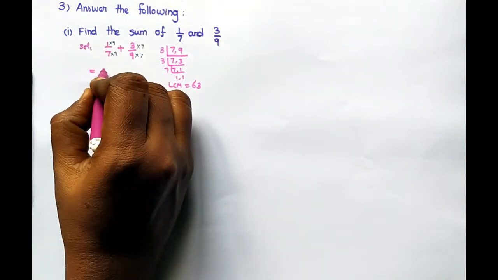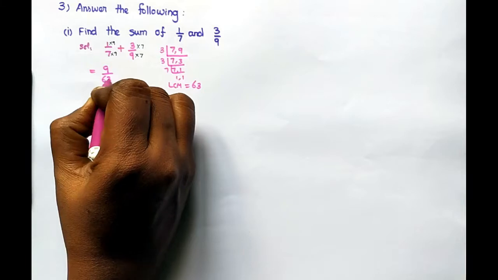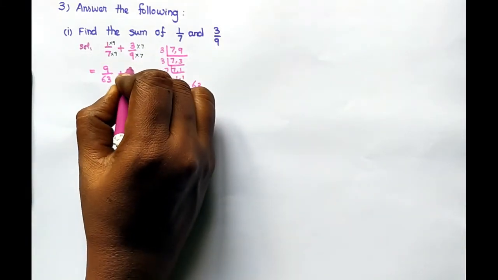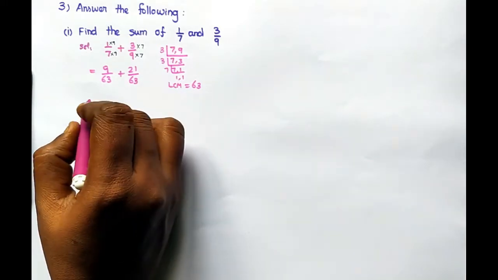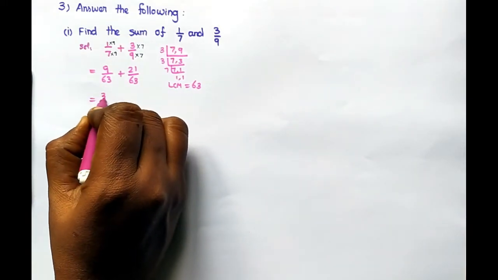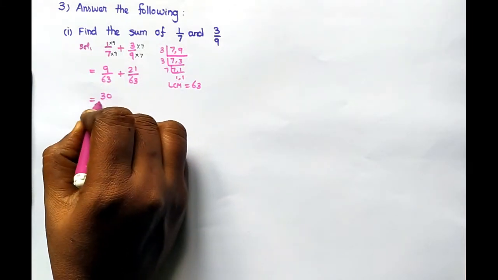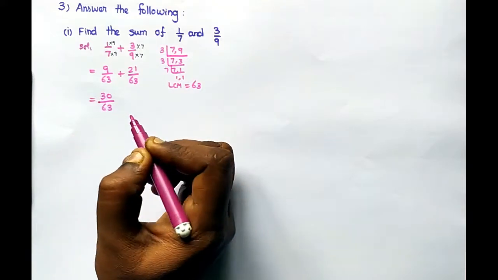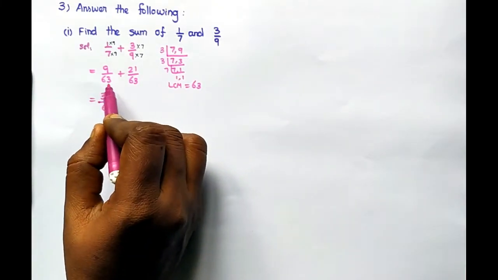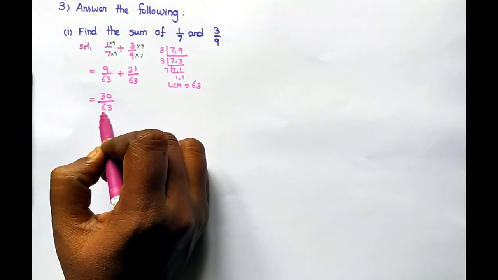So 1 9s are 9 by 63 plus 3 7s are 21 by 63, we get 30. 9 plus 21 equal to 30 by 63, because denominators are equal, so put in common.